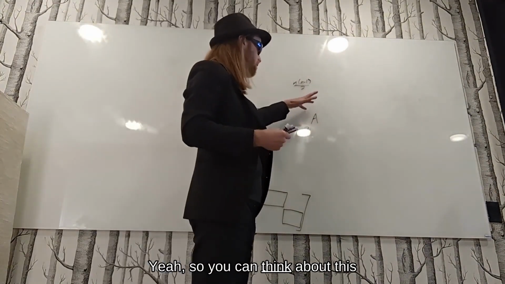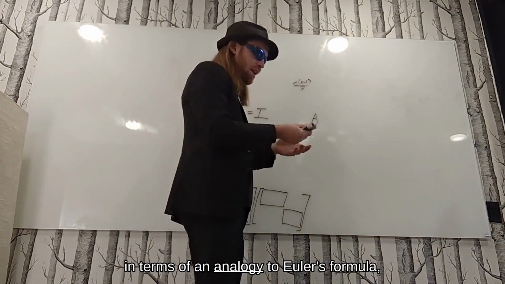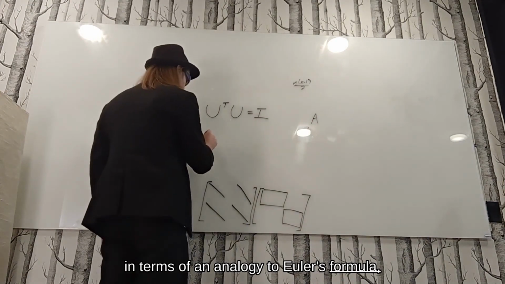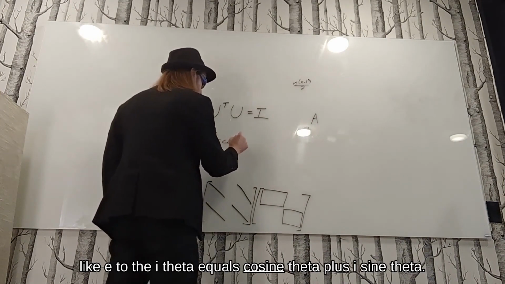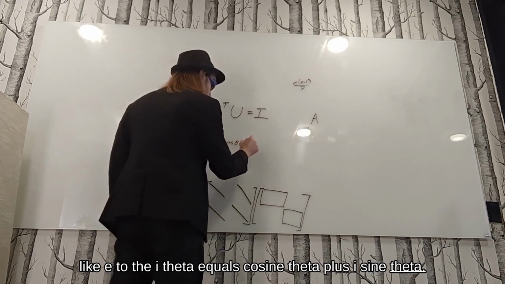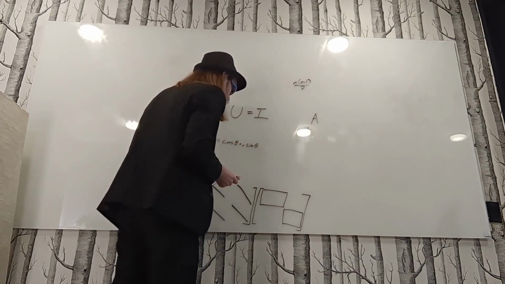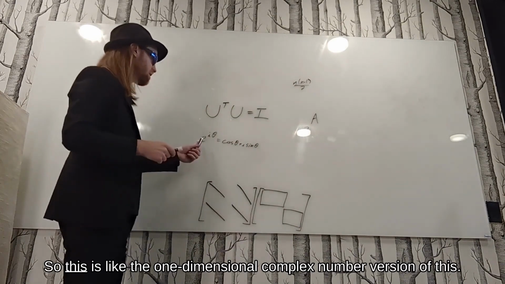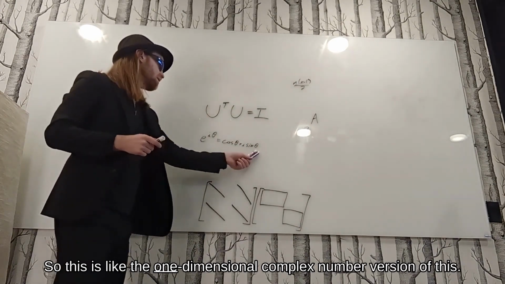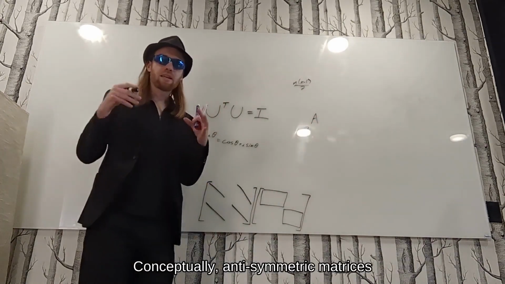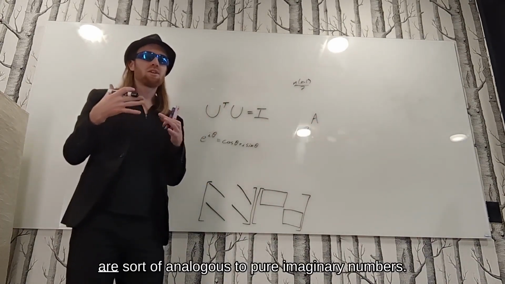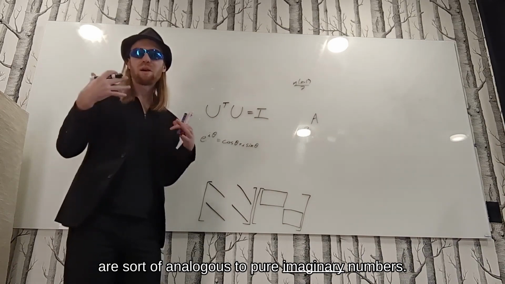You can think about this in terms of an analogy to Euler's formula, e to the i theta equals cosine theta plus i sine theta. This is the one-dimensional complex number version of this. Conceptually, antisymmetric matrices are analogous to pure imaginary numbers.